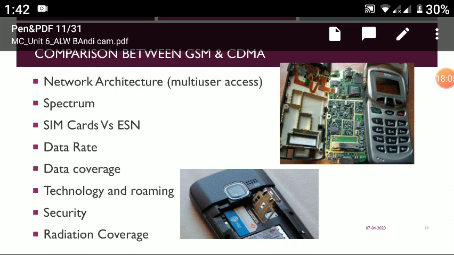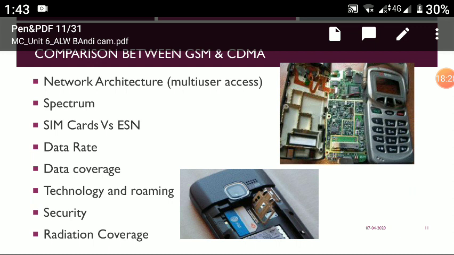The data rate, the speed is nothing that comes into the picture. Data coverage, technology, and roaming facilities are available in GSM and CDMA. Security and radiation coverage. In security, how they encrypt the data for sending from one station to another, or one cell to another cell.